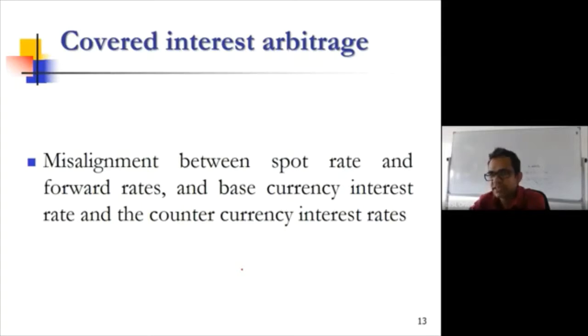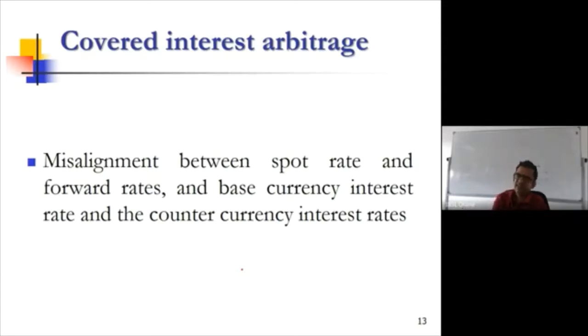So the third arbitrage opportunity in the FX market arises due to discrepancies between the implied forward rate and the market forward rate.